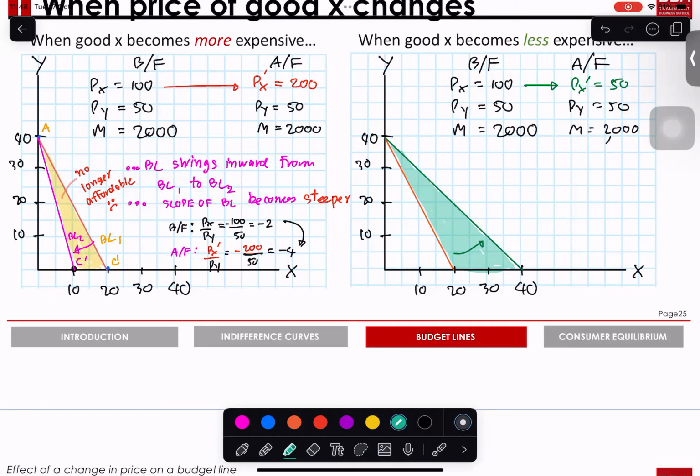Wow, that's nice. Price reduction is good news. It gives more consumption space for this guy. The budget set enlarges. You write all of these things by yourself, similar to case 1.